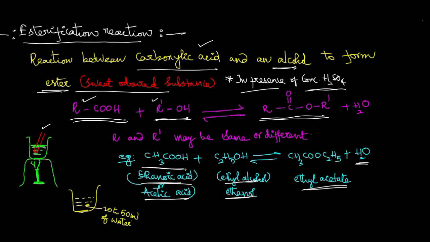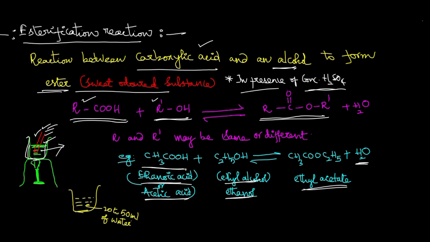In this test tube, take 1 ml of ethanol, which is absolute alcohol, and 1 ml of acetic acid, and add a few drops of concentrated H2SO4. This test tube can be taken to a beaker which contains water, and you have to keep the test tube warm for 5 minutes or more.